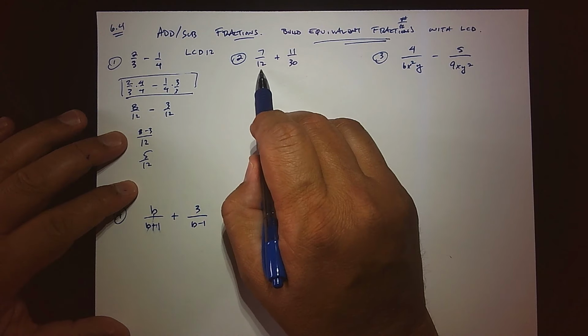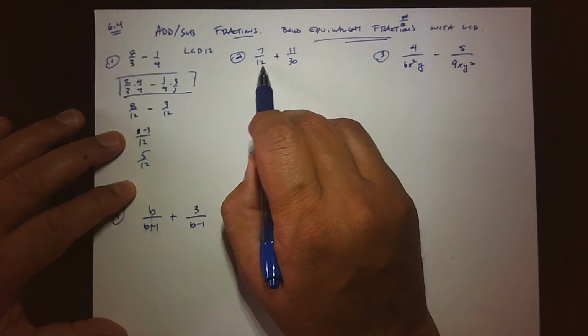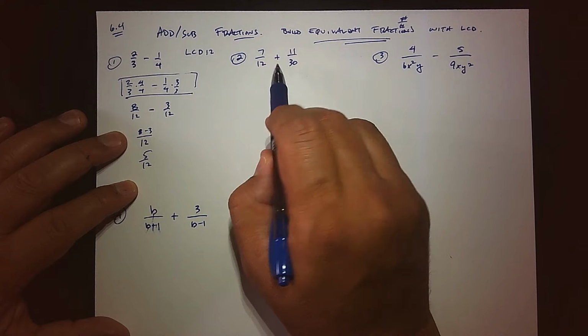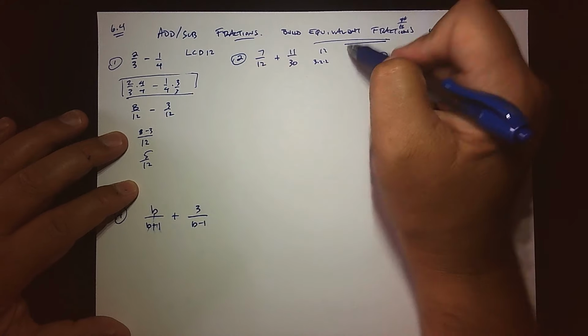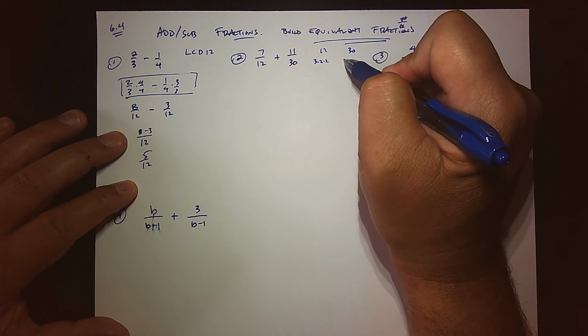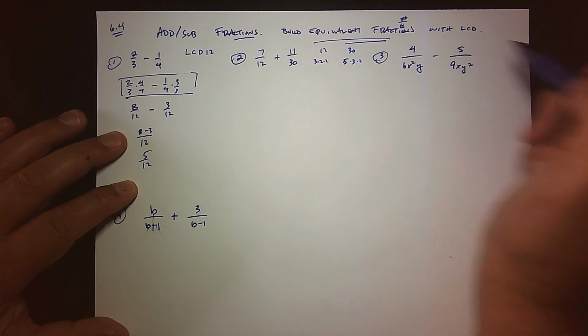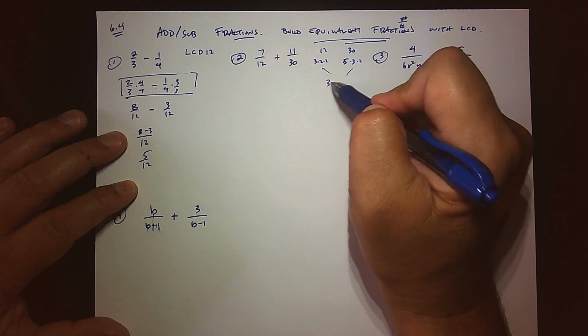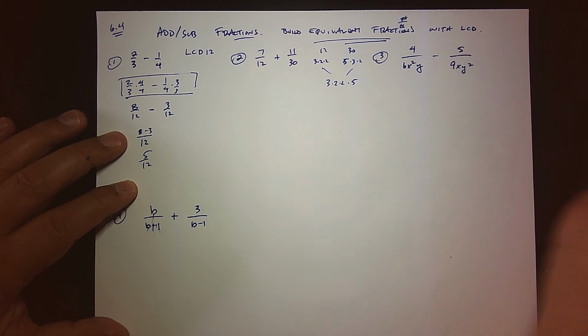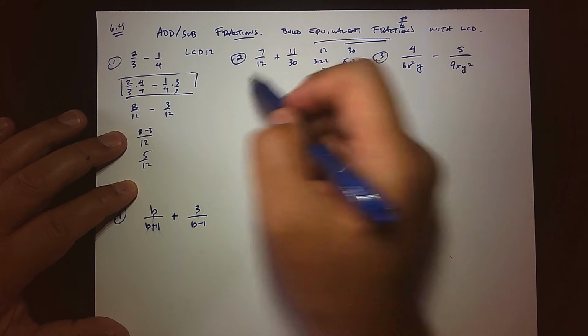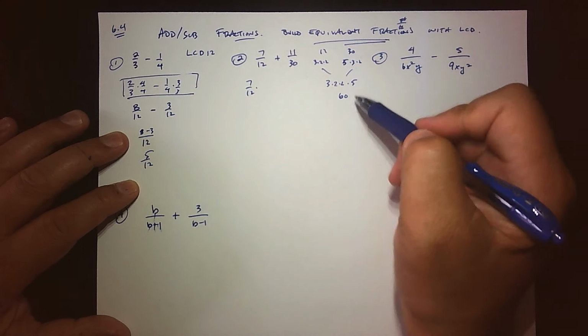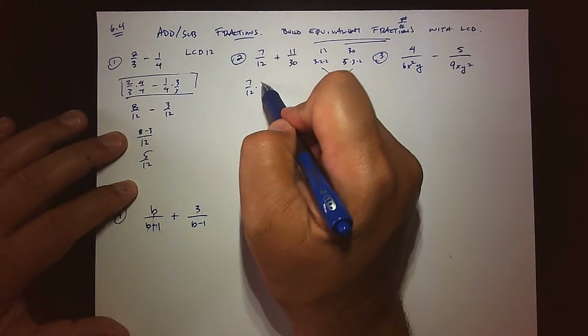So for the next one, I think in the last video we found that the LCD was 60, but just again, 12 is 3 times 2 times 2. 30 was 5 times 3 times 2. And when we build that LCD, we recognize the only thing that 12 was missing was the 5, giving us the 60. So what do I multiply 12 by to get 60? Well, it's 5.